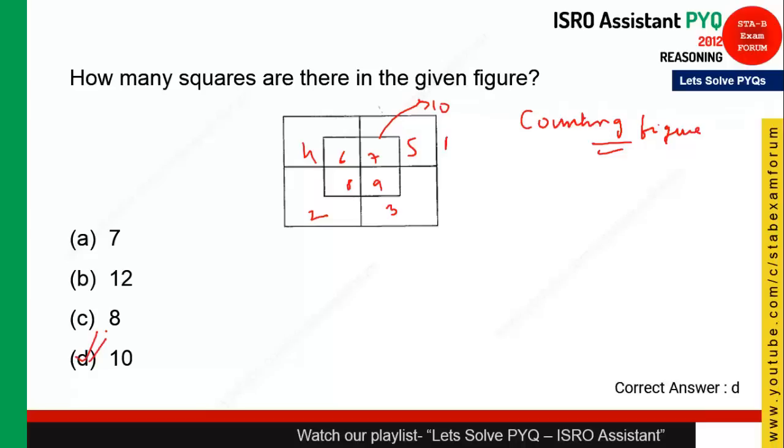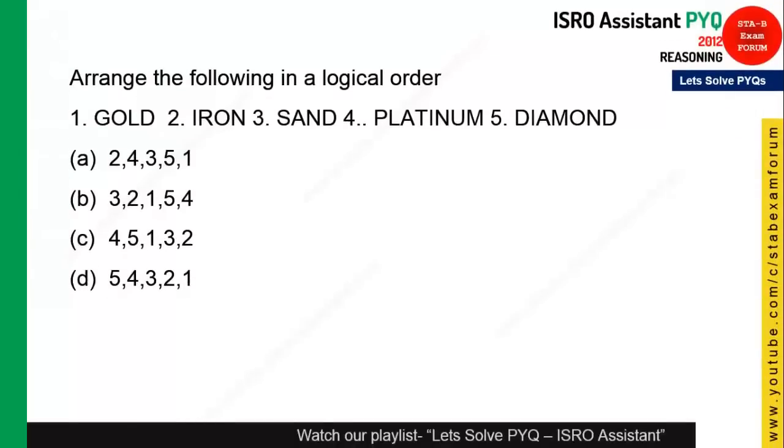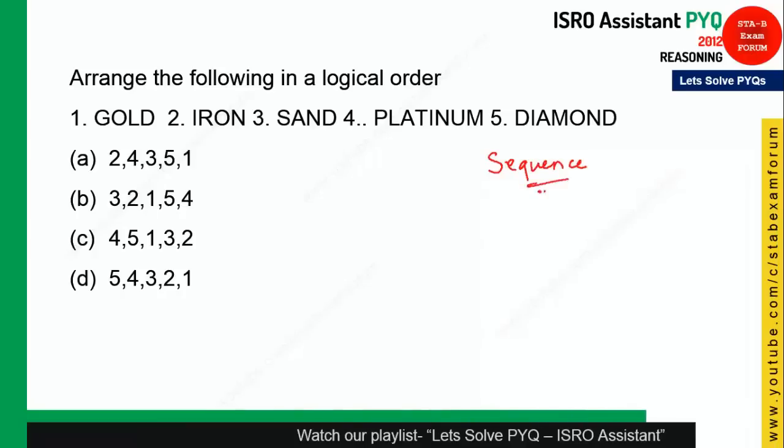Okay, let's see the next question. Arrange the following in logical order. Okay, this is called a sequence logical ordering question. In this type of question you need to form the logical order based on some criteria. So as you can see, gold, iron, sand, platinum, diamond. On what basis can you sort?